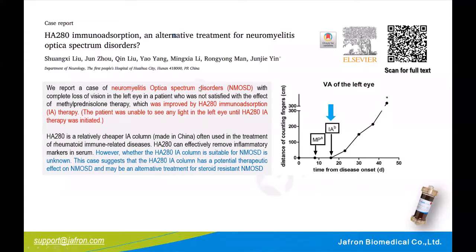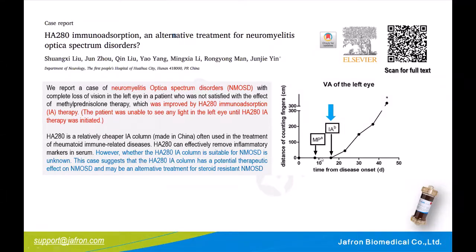So now we have two publications of the HA280 for immunoadsorption. The first is a case report about immunoadsorption with the HA280 on a case of neuromyelitis optica spectrum disorder. In this case, the patient lost the vision of the left eye totally, and with traditional medication therapy there was no improvement.